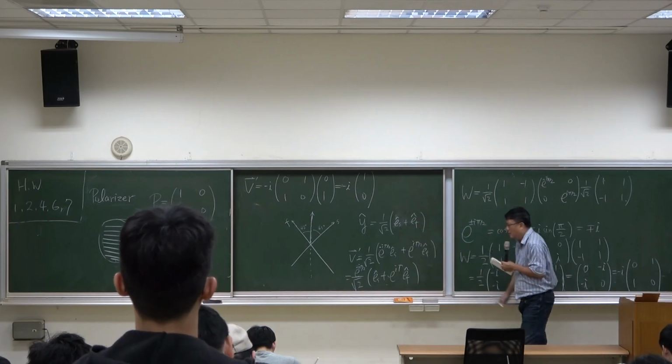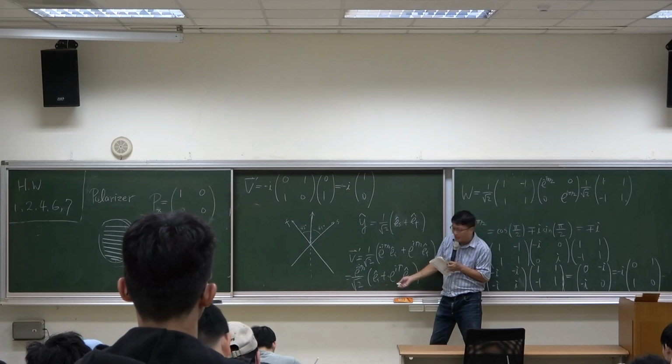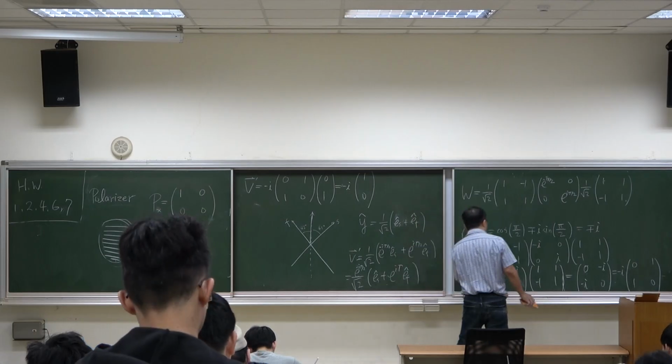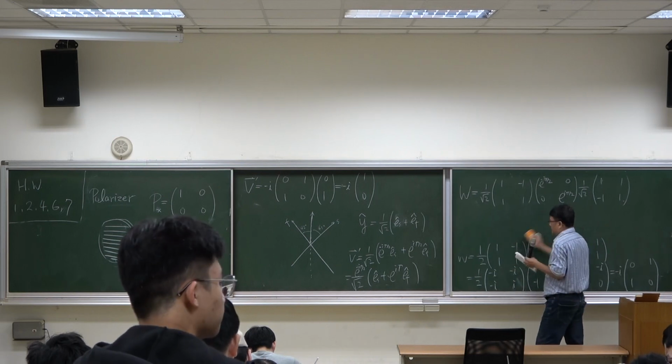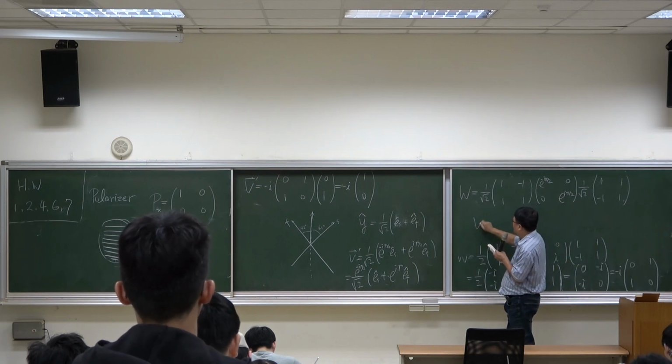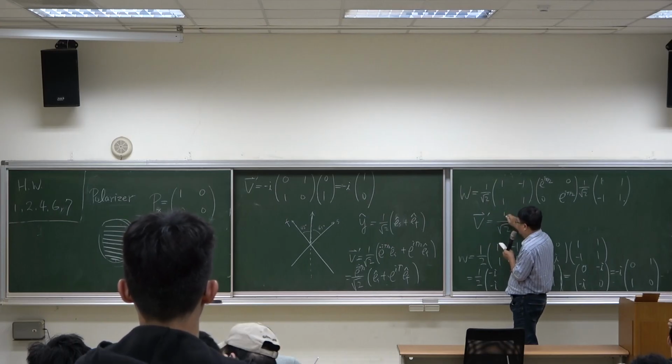Okay, but since gamma is pi, this means that V prime is this.